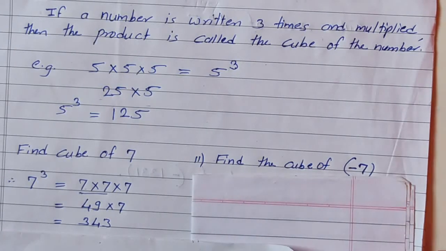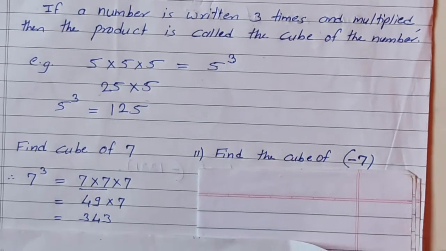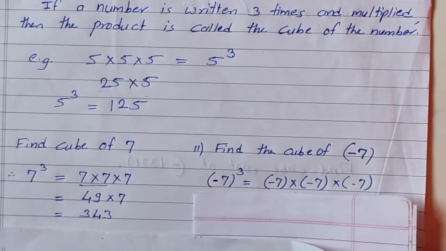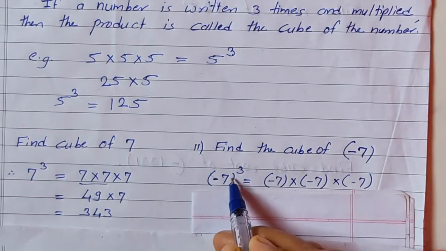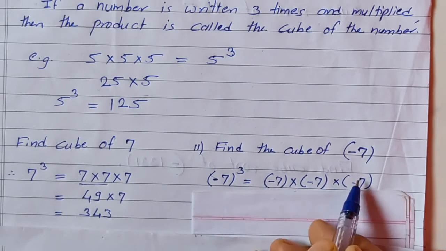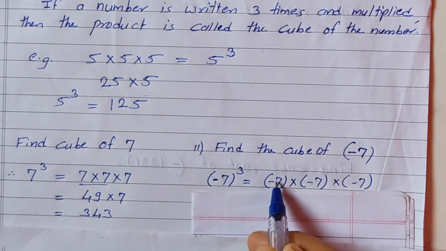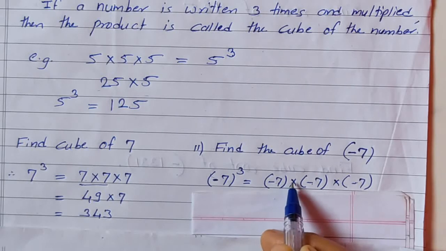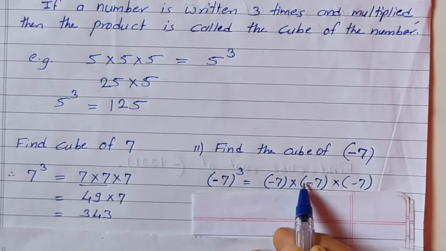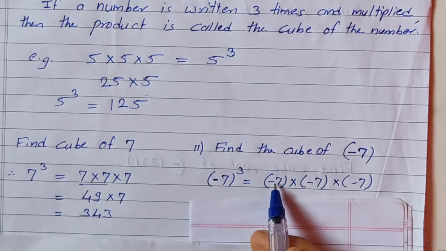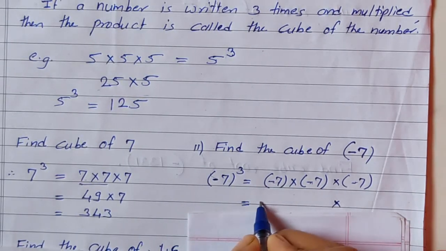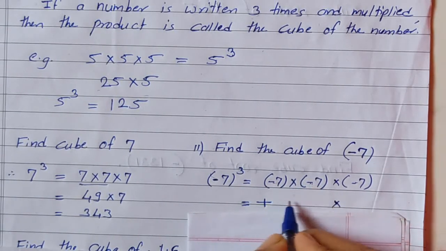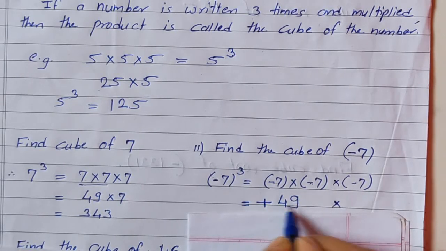Find the cube of -7. So here -7 is written like this, multiplied 3 times. Put it in brackets to avoid confusion with the symbol. Multiplication of minus into minus is equal to plus. 7 into 7, 7 sevens are 49.